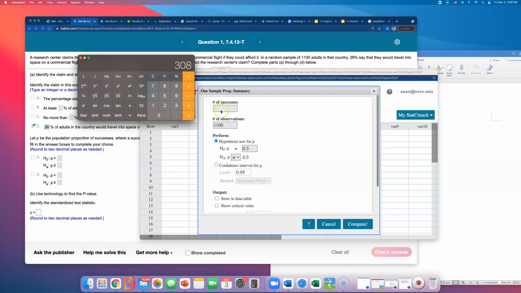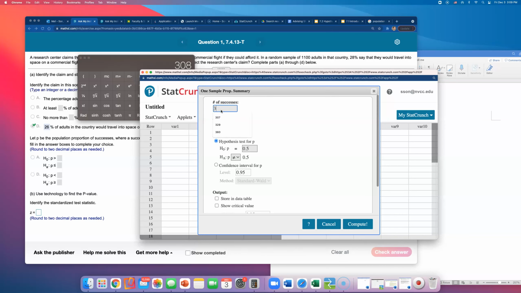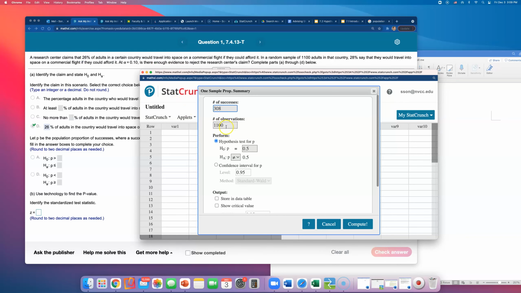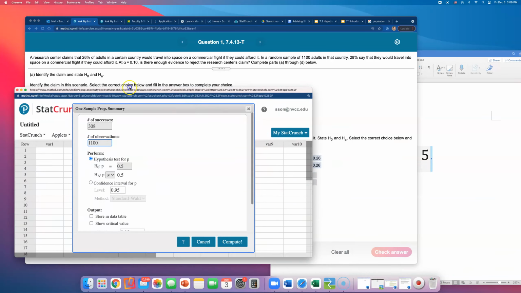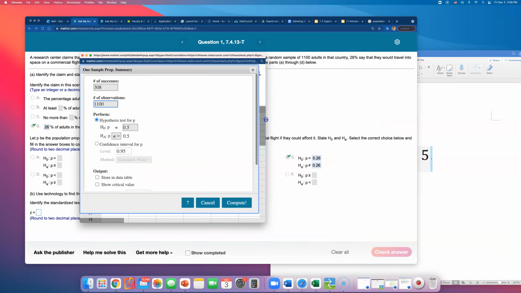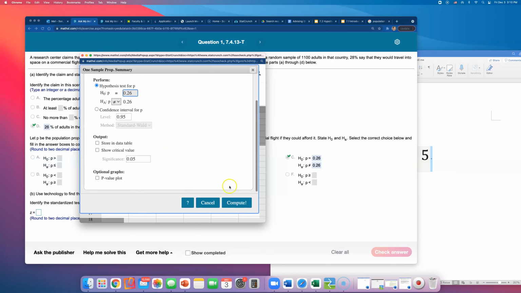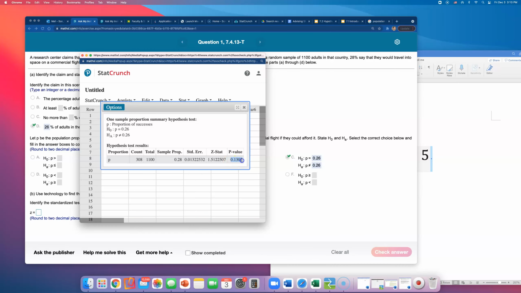That is exactly 308 people. So 308 is the number of successes, and 1100 is the number of observations. I'll change the hypothesis to match what we have: the null is p equals 0.26, and the alternative is p does not equal 0.26. That's it, and the p-value is about 13%.